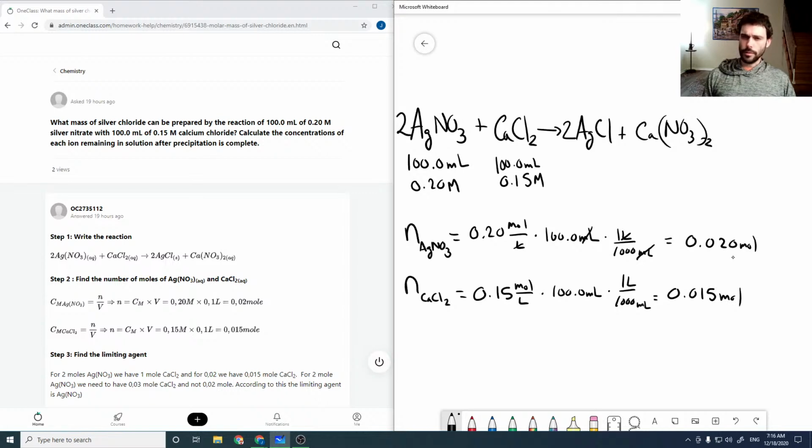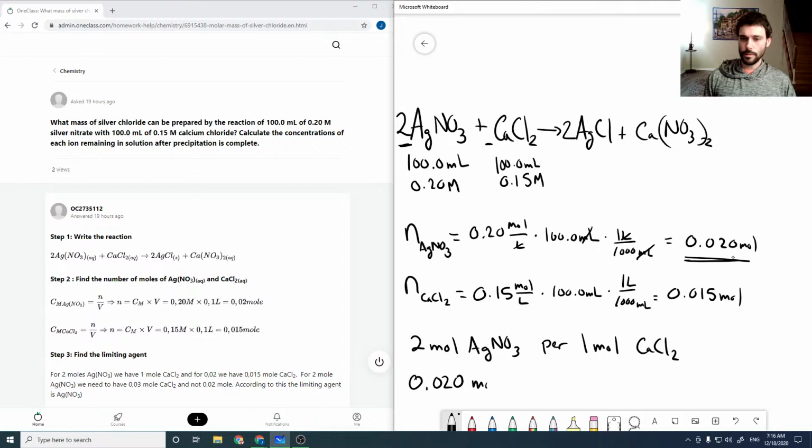Okay, so there's our moles of the species that are present in our solution. Now, if we check our equation, we need 2 moles of AgNO3 per 1 mole of calcium chloride. Or to put it more into the terms of our question, 0.020 moles of silver nitrate will react with 0.010 moles of calcium chloride.